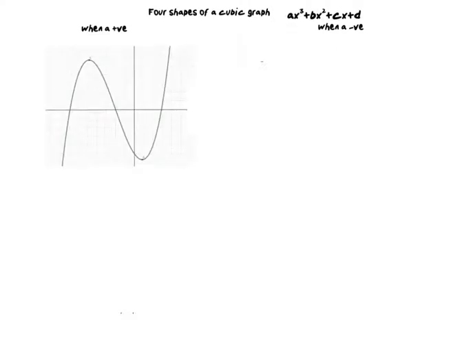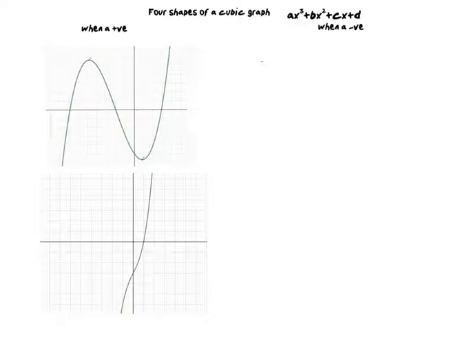When a is positive, you can see here it starts from the bottom and then goes up, and it has 2 turning points. It reaches a maximum, drops, reaches a minimum, and again goes up. This is one of the shapes when a is positive. This is the second shape when a is positive, without the turning points.